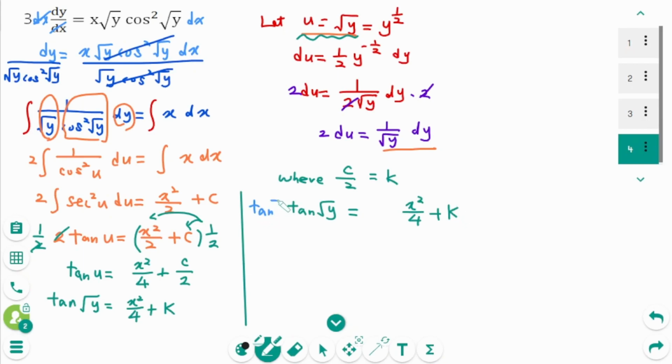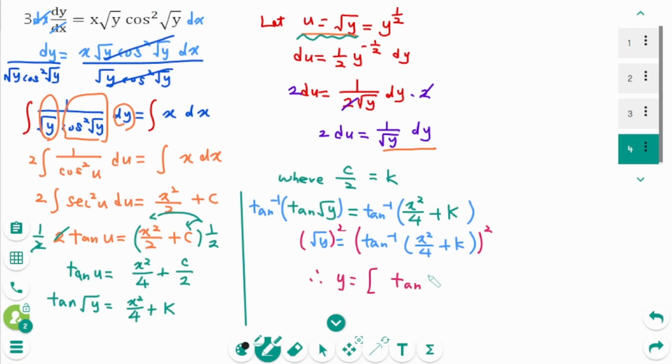Arctangent on each side, the square root of y equals arctangent of x squared over 4 plus k, then square on each side. The final answer is y equals arctangent of x squared over 4 plus k, squared.